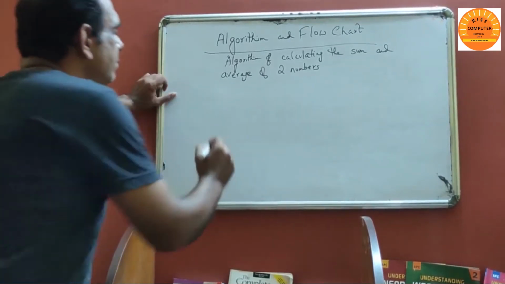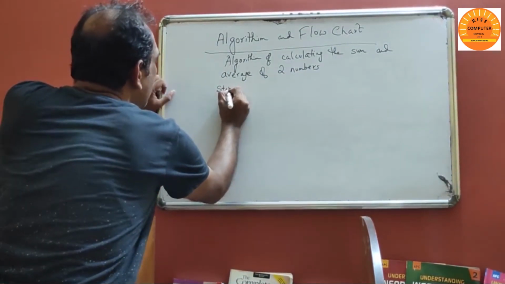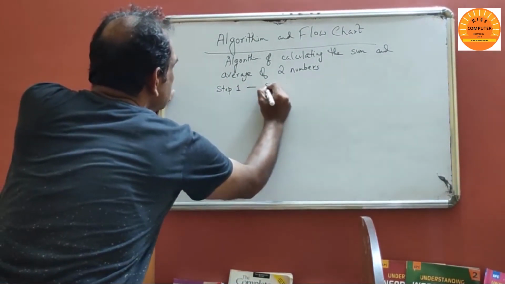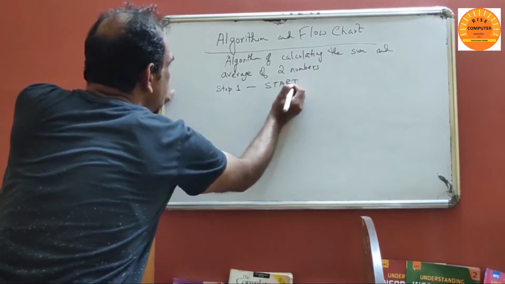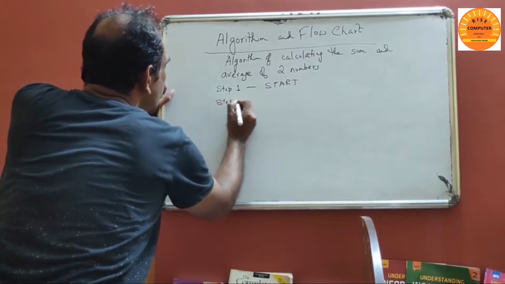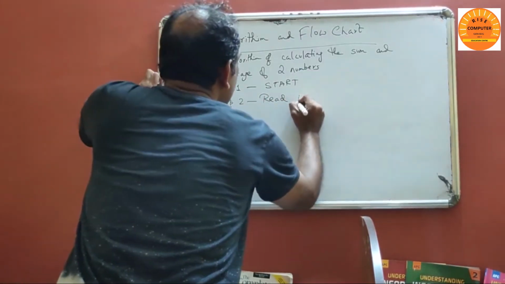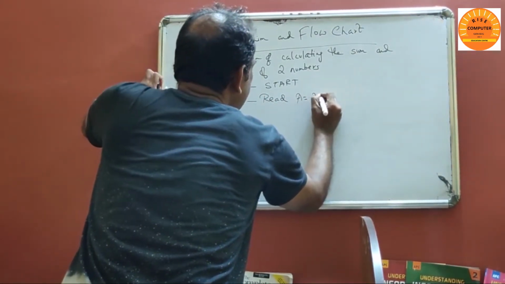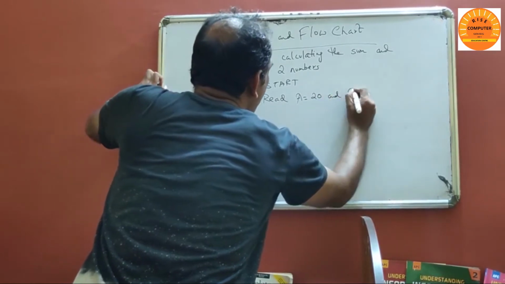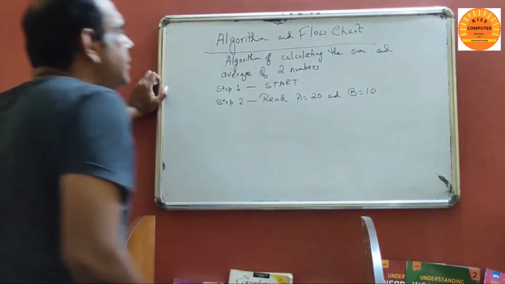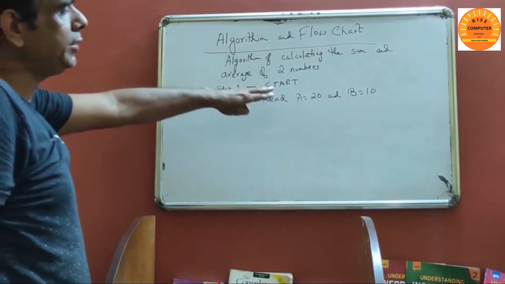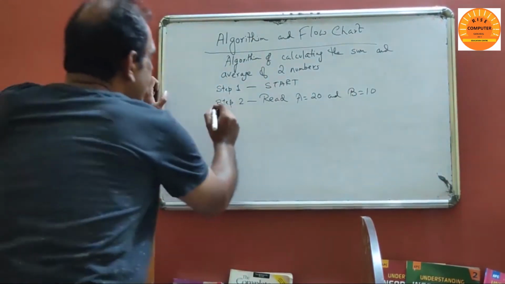The steps are: step 1, start. Step 2, read A equal to 20 and B equal to 10. That means my first number is 20 and the second number is 10.